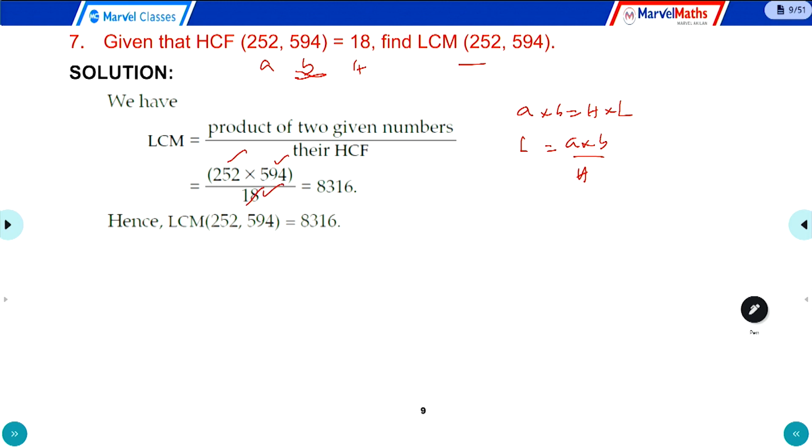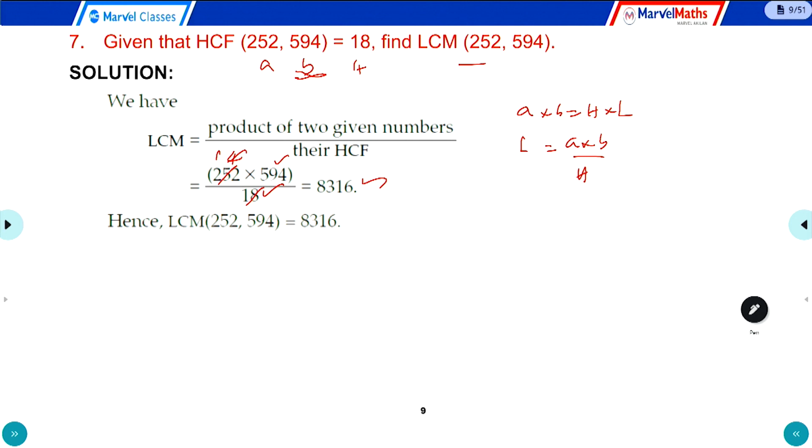If you cancel, 252 by 18 is 14, and 594 by 18 is 33, so 14 into 594 equals 8,316. That is the LCM of these two numbers. You can expect this in 2 mark questions. A and B and HCF are given, find LCM. Substitute in this formula and find the value of LCM.